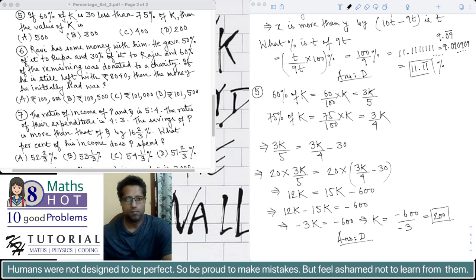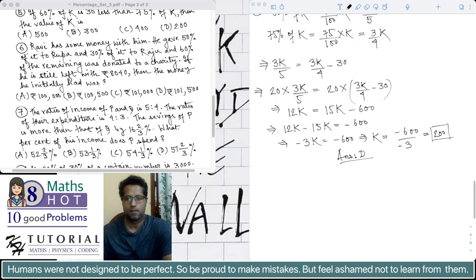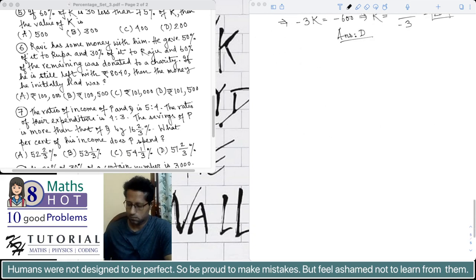Okay, let's do problem number 6. Ravi has some money with him. He gave 50% of it to Rupa and 30% of it to Raju, and 60% of the remaining was donated to a charity.